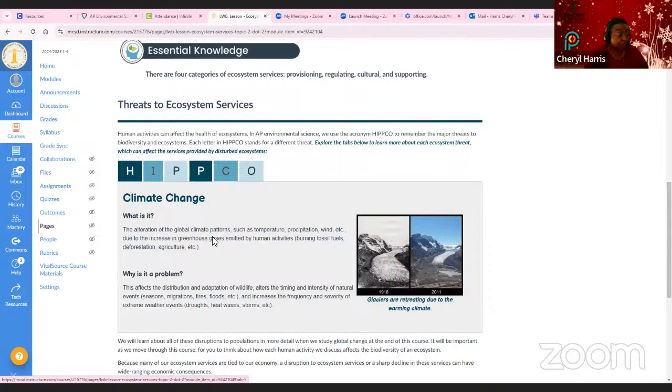So, for example, the greenhouse effect is affected by deforestation. We're cutting down the trees and altering the habitat of the wildlife. And because we're altering the climate, we're having this year extreme weather events.